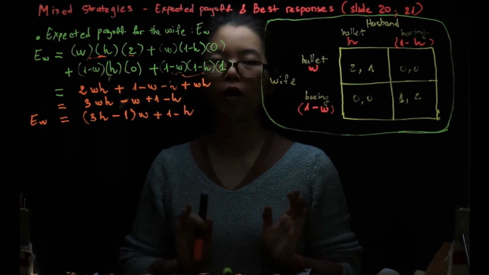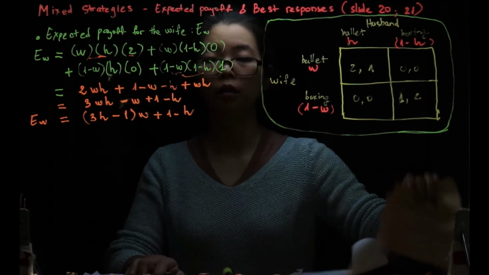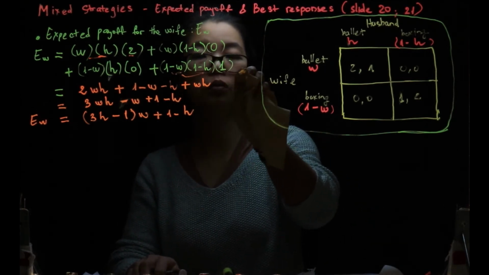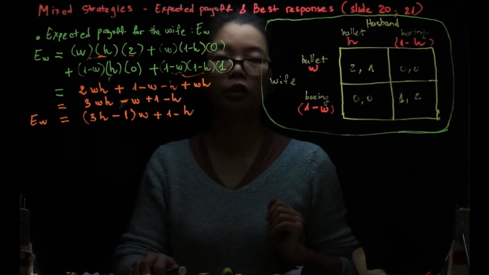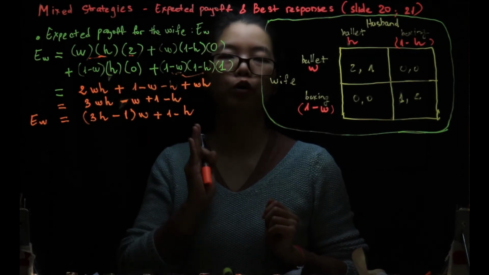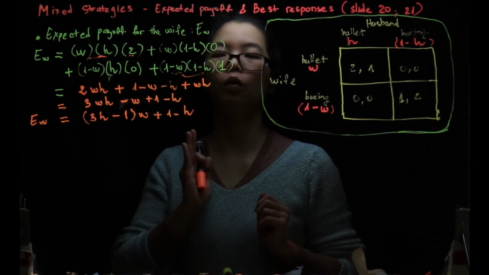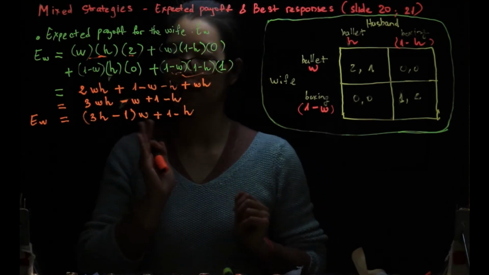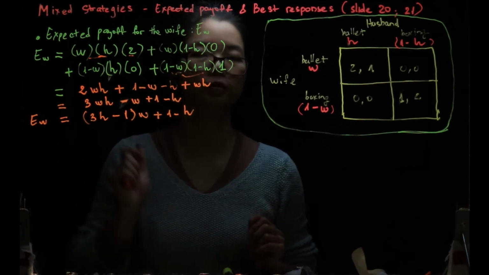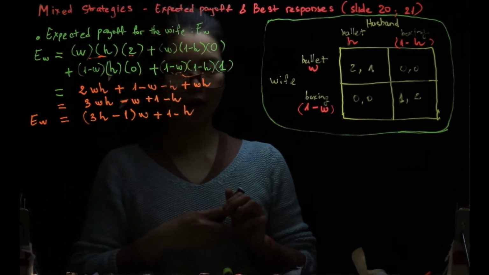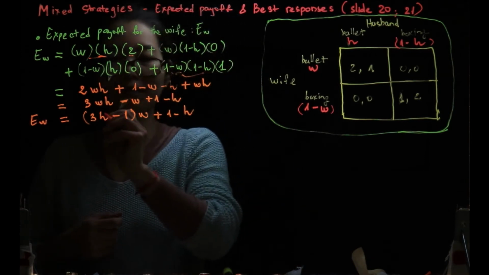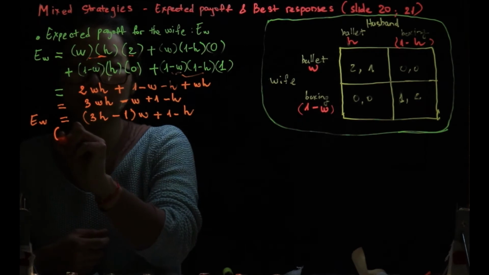So the task for the wife is to choose the probability distribution between the two possible actions so that her expected payoff will be maximized when she randomizes. This is her expected payoff function. So you could already think about maximization a bit in your head. Let's write it here.